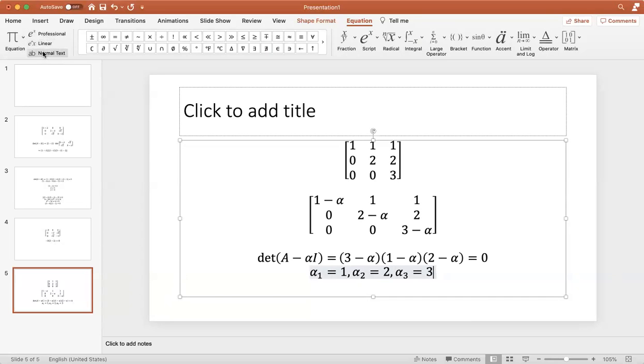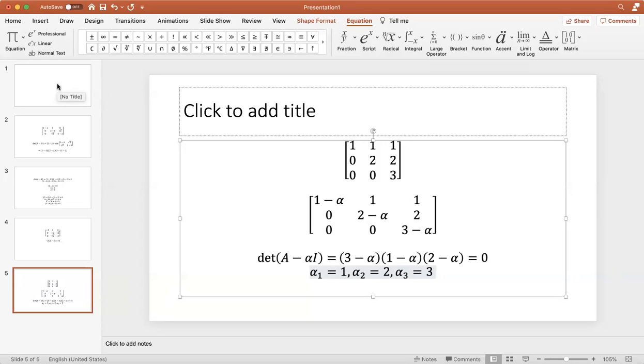Any questions so far? Is this applicable to lower triangular matrices? Yeah, that's also applicable. Let me verify. I'm pretty sure that's also applicable to lower triangular matrices.